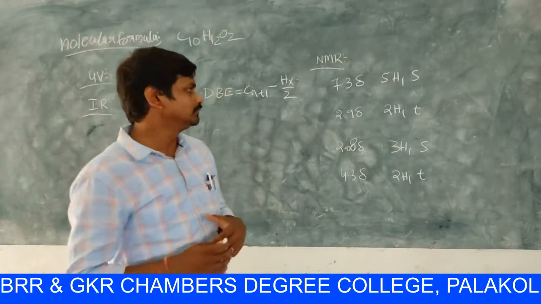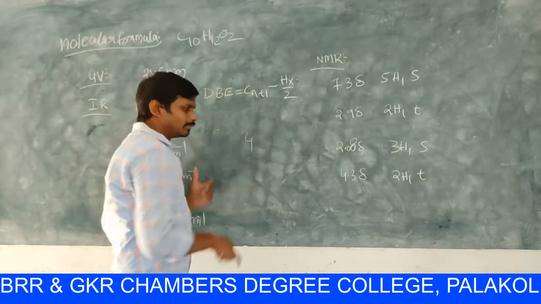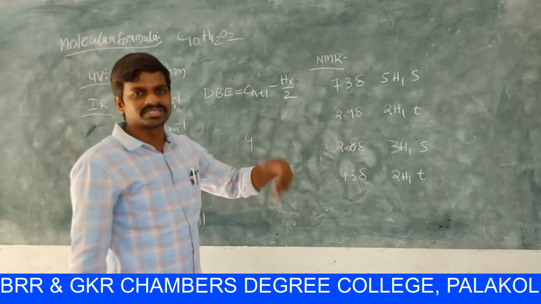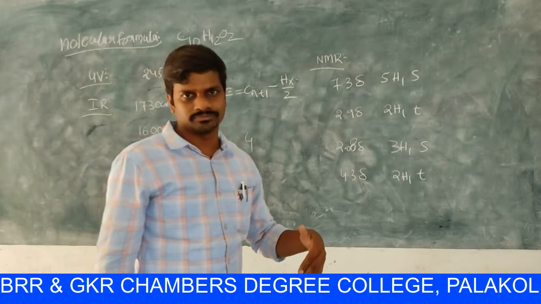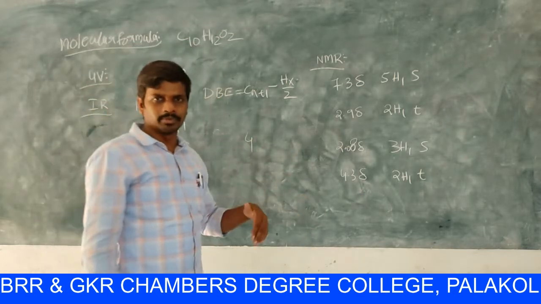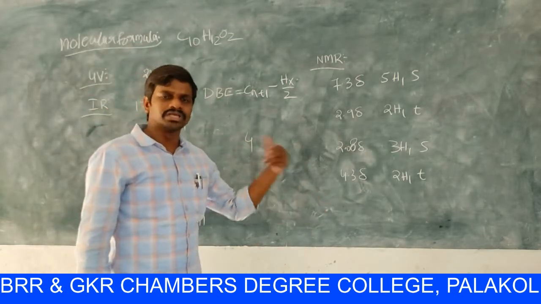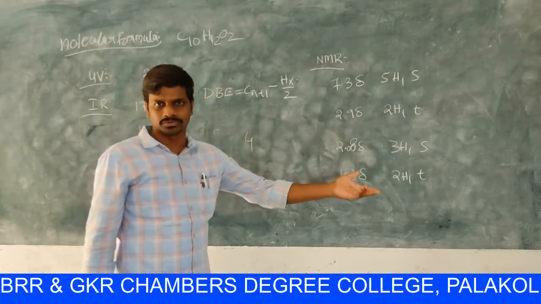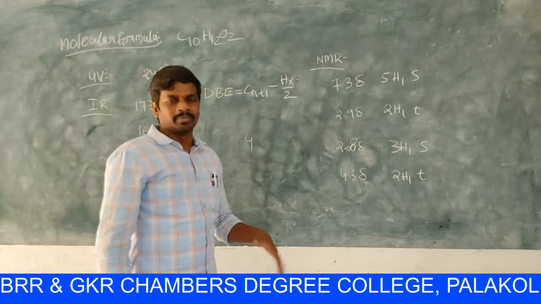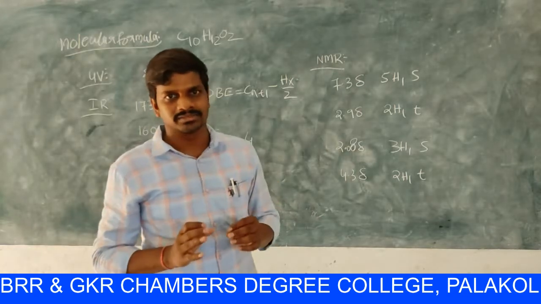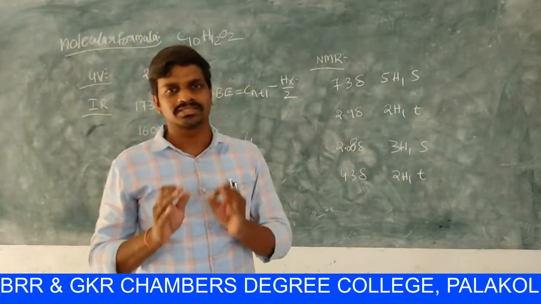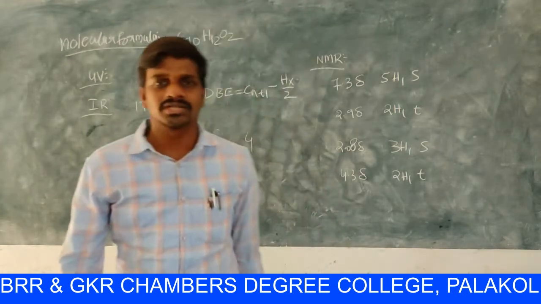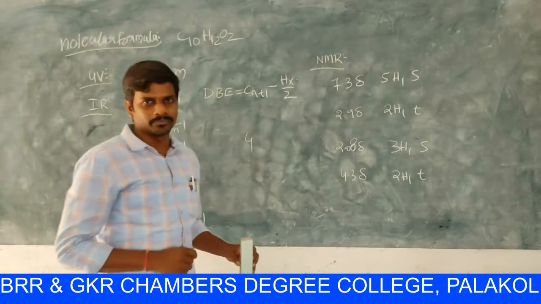For example, if the double bond equivalence is 4, this may represent one cyclic ring along with 3 double bonds, or 3 double bonds, or 4 double bonds, or 2 alkynes, whatever it may be. But the double bond equivalence represents equivalence, not exact double bonds. So here the cyclic system is also considered as a double bond equivalence.